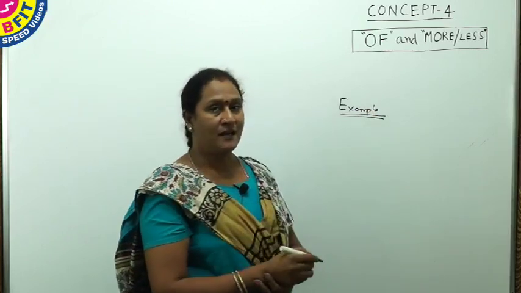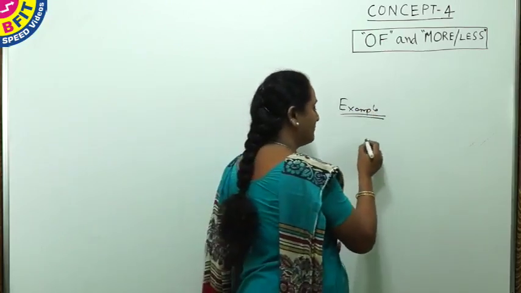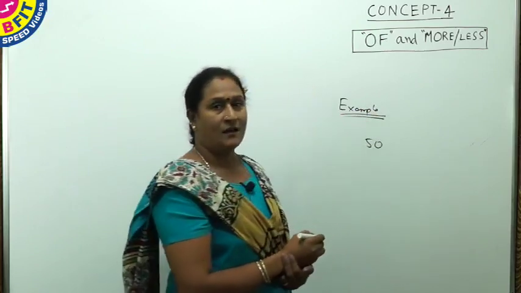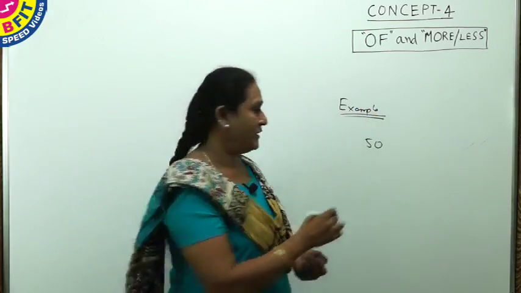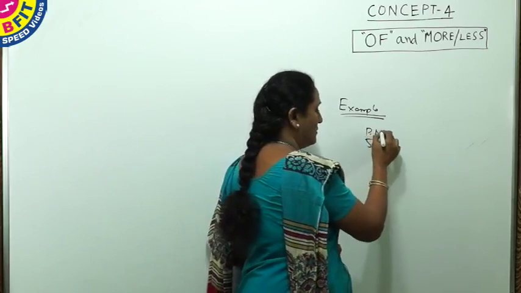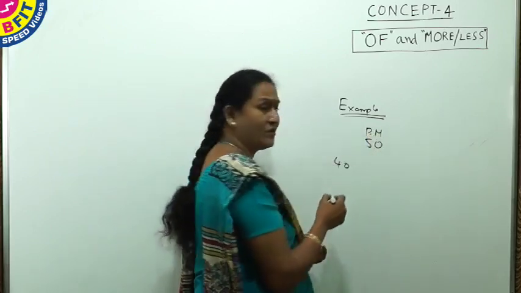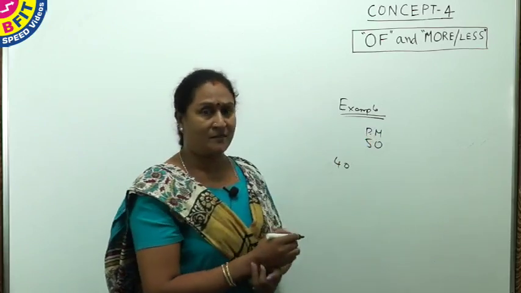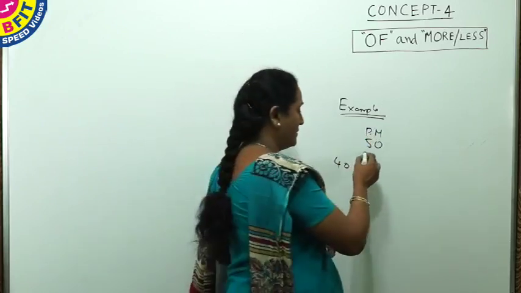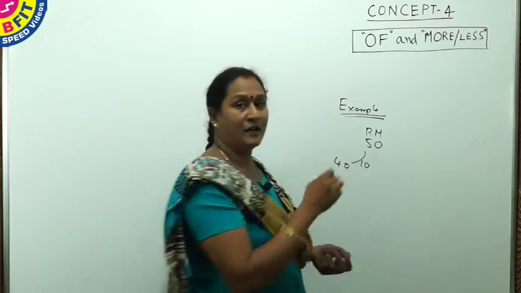If the pass mark in an exam is 50 marks, so pass mark is 50. If a student gets 40 marks, then obviously he'll fail in the exam. By how many marks? He fails by 10 marks.